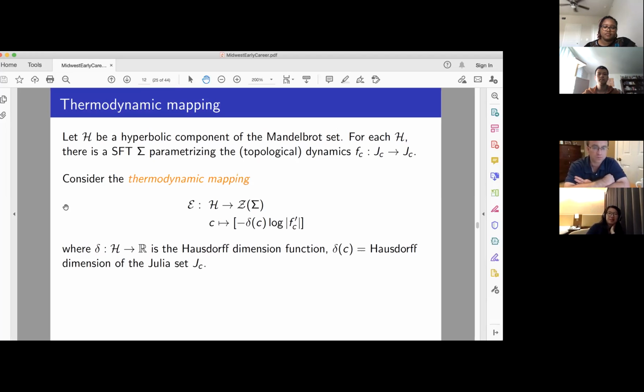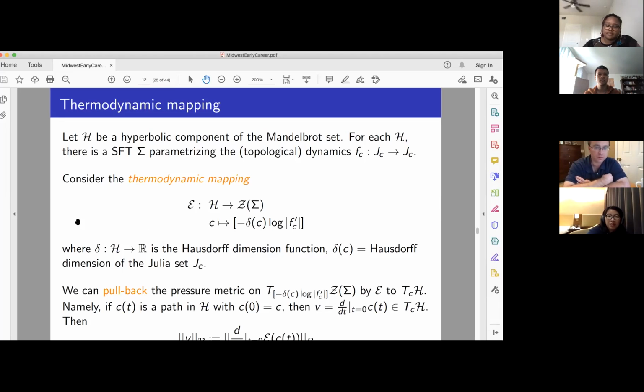So if we have a parameter C, we send this parameter to the cohomology class of delta of C times log of the absolute value of the derivative of the map F_C, where delta here is the Hausdorff dimension. So delta of C will give us the Hausdorff dimension of the Julia set for the map F sub C.